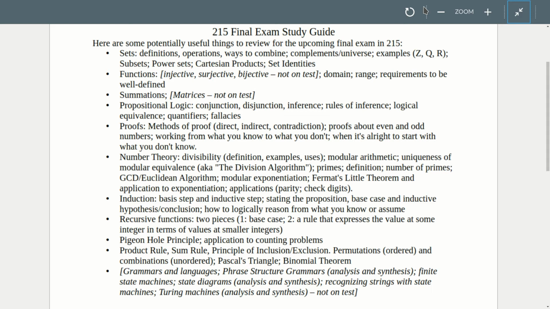We can do a disjunction, which is an or. So P is true or Q is true. We can do negation. So if P is a proposition, then not P is another proposition. P is the proposition that today is Friday, not P is the proposition that today is not Friday. They're both declarative statements, so they're propositions.